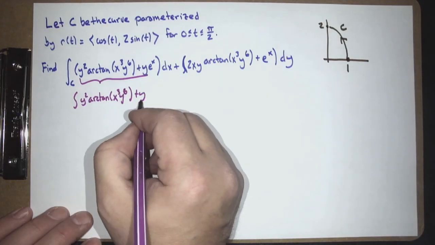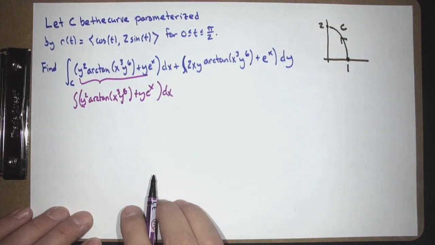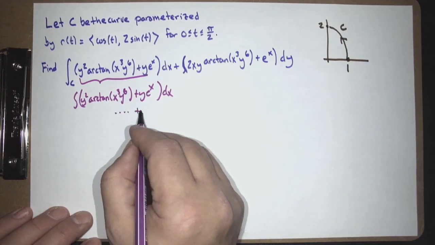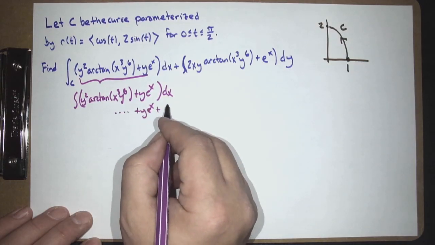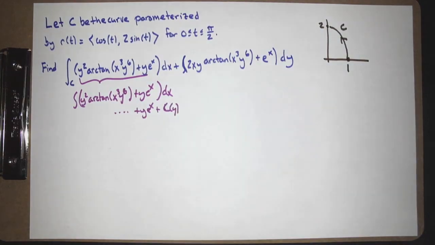All right, no worries. What's the integral of this with respect to x? Something plus y e to the x. Oh, I like that spirit. Something plus y e to the x. Oh, we'll even throw in a constant y for free.